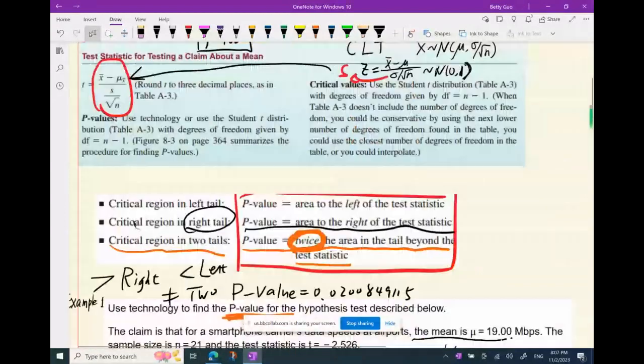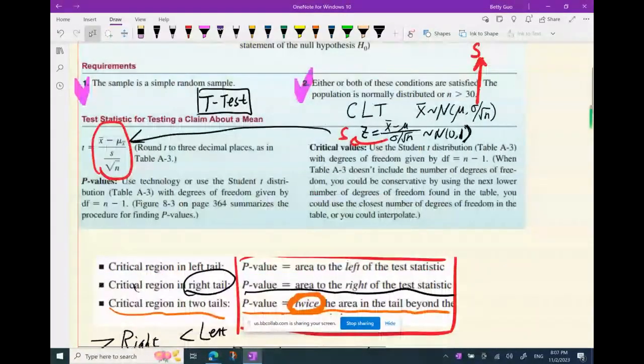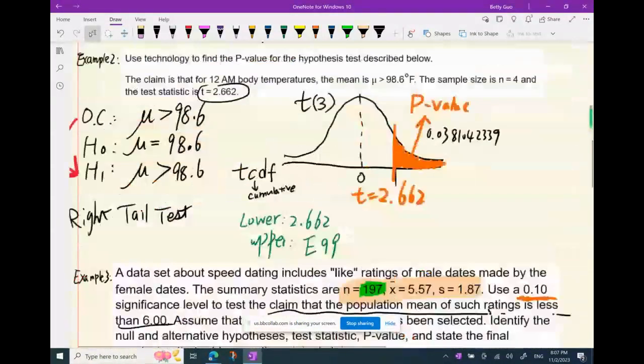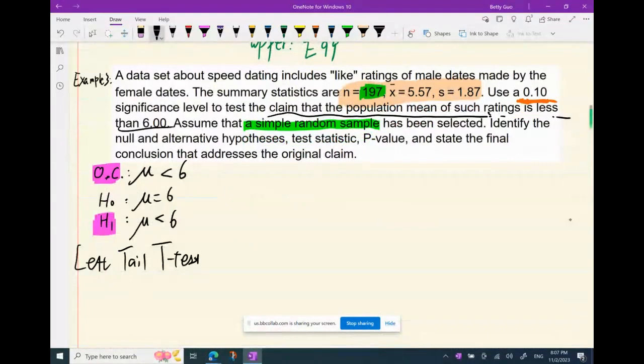So the test statistic formula t is x bar minus mu all over s over root n. Let me write it down. Test statistic t equals x bar minus mu, where mu here is our claimed mu in the hypothesis, over s over root n.